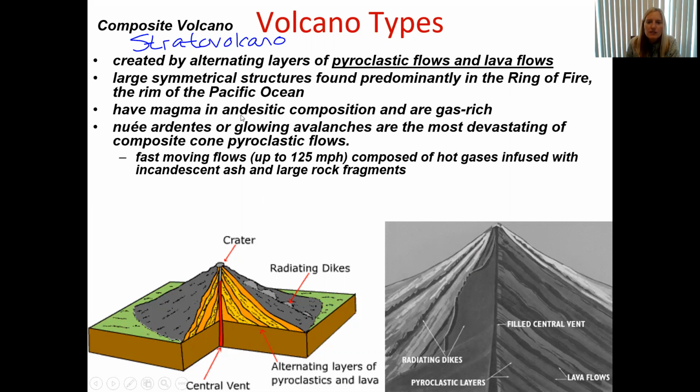And the magma is going to be andesitic in composition, so kind of in the middle between very viscous and not so viscous, but it's going to have a lot of gases, which we know can become problematic because with them being under high pressure, we can dissolve a lot of them, and then with lower pressure, the gas can then leave and be released in an eruption. So with composite volcanoes, we have these new problems that we didn't necessarily have with our other volcanoes.